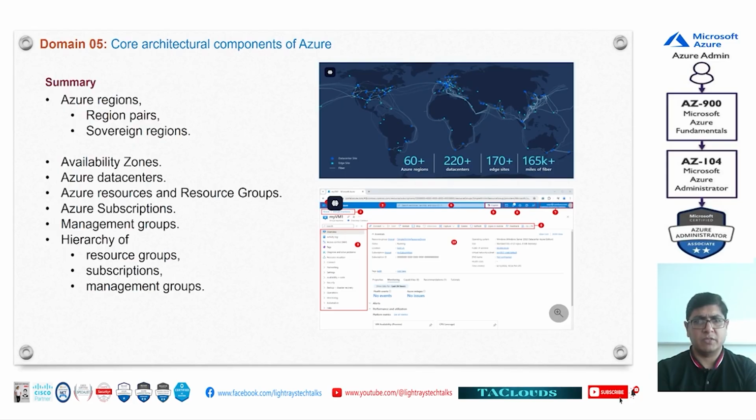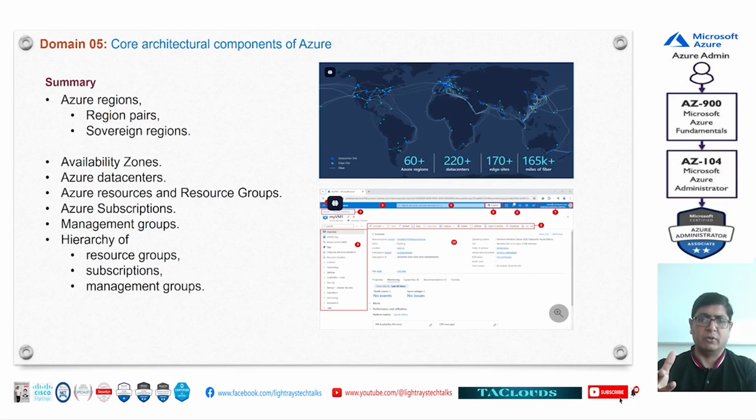So what is meant by a management group? Yeah, for example, if someone wants to manage three or four subscriptions together, they will put all four subscriptions in one management group. So that management group will be managing all four subscriptions.